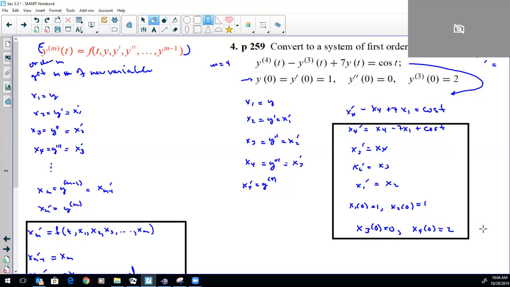Okay, so that's how you change a higher order DE into a system of first order DEs. We're going to look at a way to solve this, at least numerically. There's a lot of stuff you can do with differential equations and linear algebra at the same time. As a matter of fact, many DE books are combination differential equations and linear algebra books.